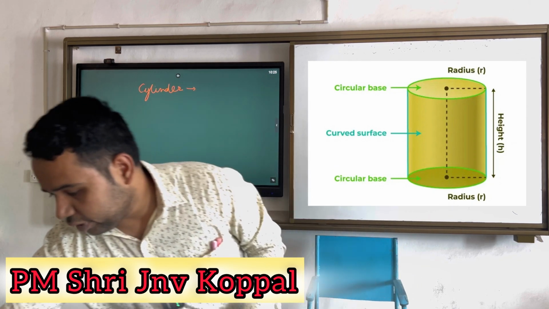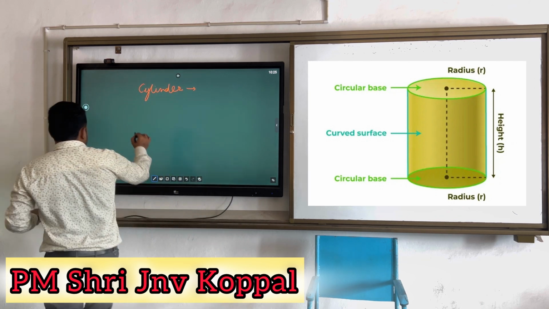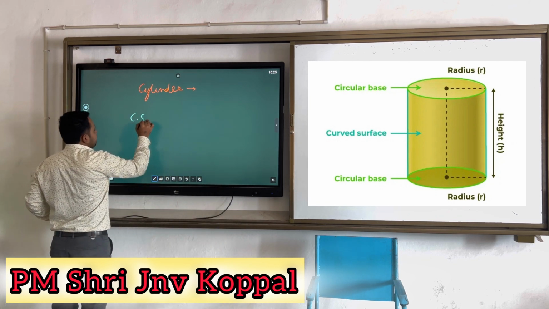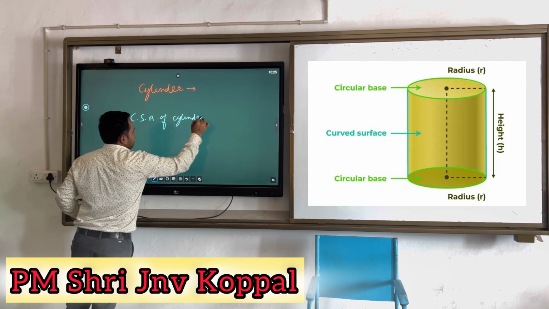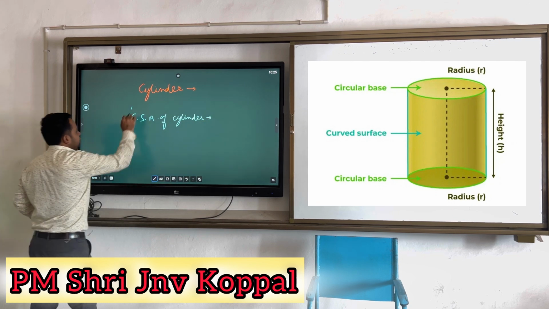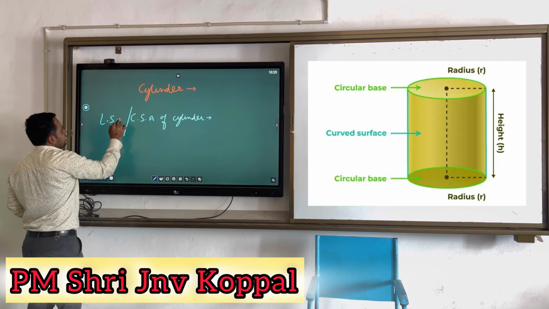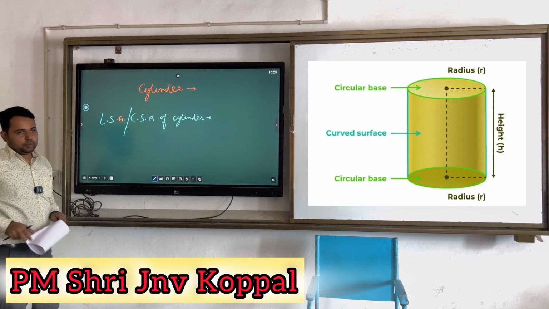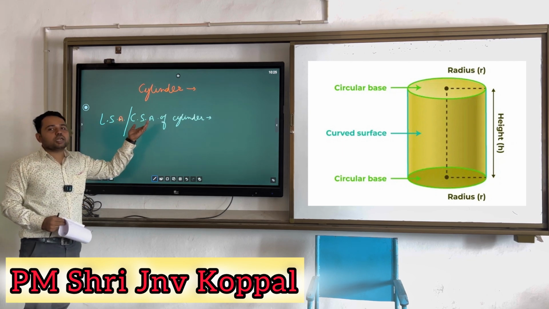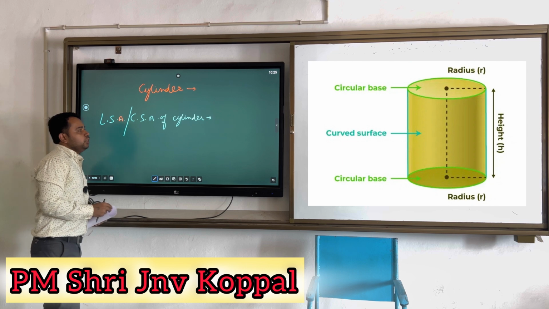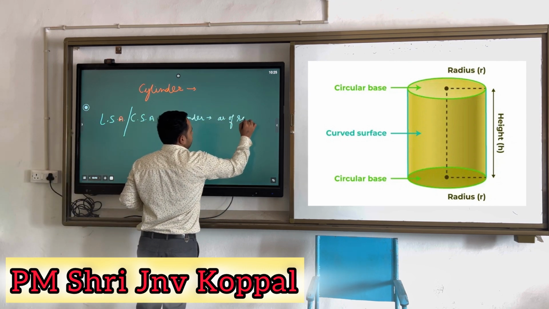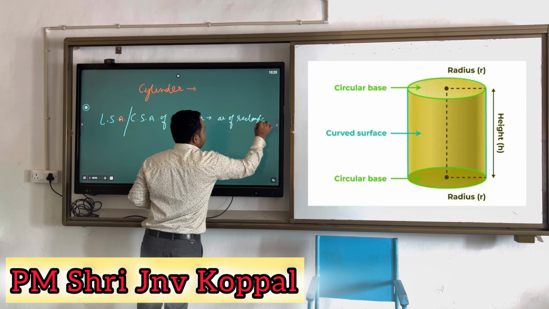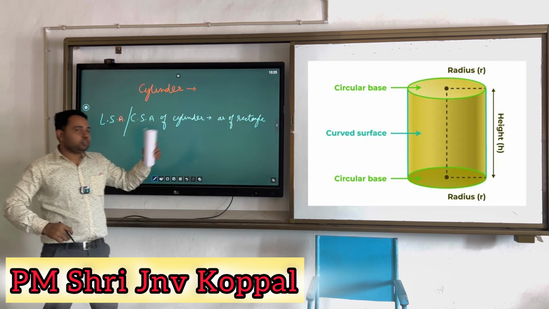Okay, so we can say that the CSA of a cylinder, you know CSA means what? CSA and LSA are both the same only, meaning lateral surface area and curved surface area, both are the same only. What is this? Area of a rectangle. Now maybe you are surprised why this equals the area of a rectangle.